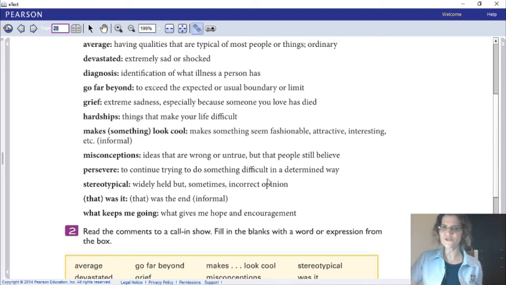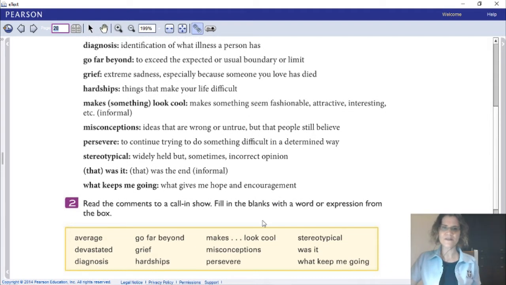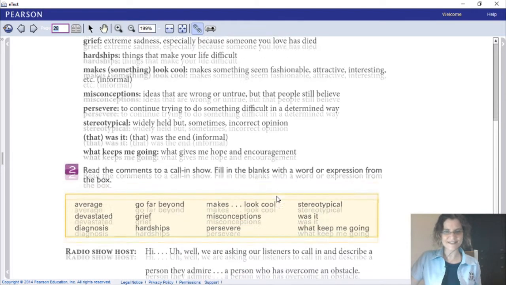Persevere is to continue trying to do something difficult in a determined way. You do not give up. Stereotypical, widely held, but sometimes incorrect opinion. That was it. That was the end. Also, an informal way of speaking. And what keeps me going is what gives me hope and encouragement. Okay, so those are the words for this listening section.